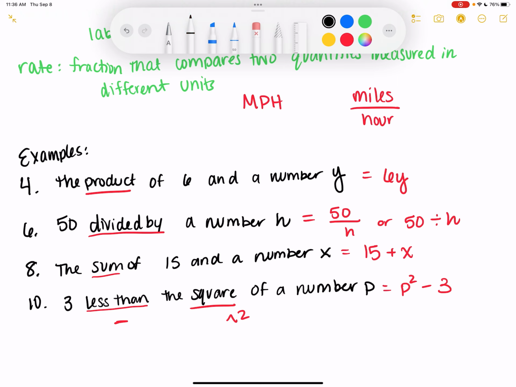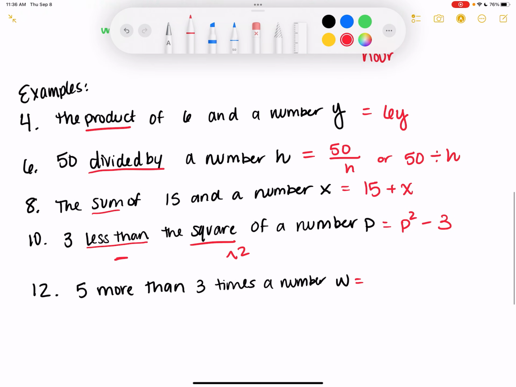And then the last one of this type, number 12, we have 5 more than 3 times a number w. So what do we notice about this one? More than. So what does that mean? Addition. And what else do we notice about this one? 3 times.